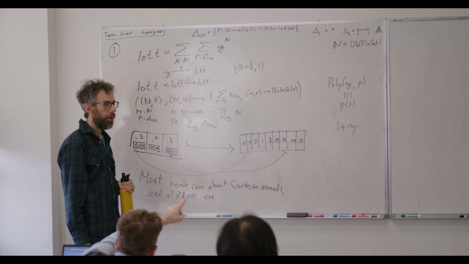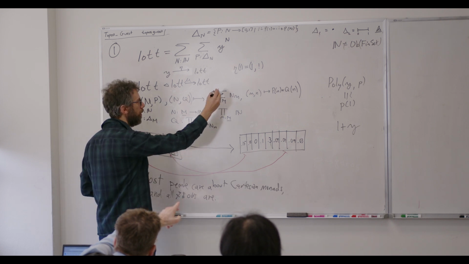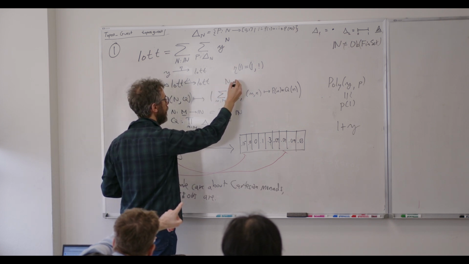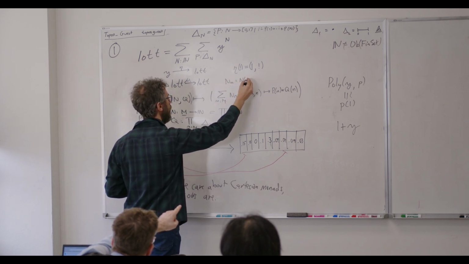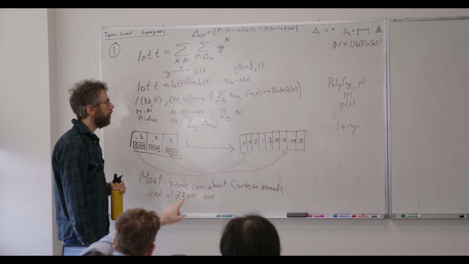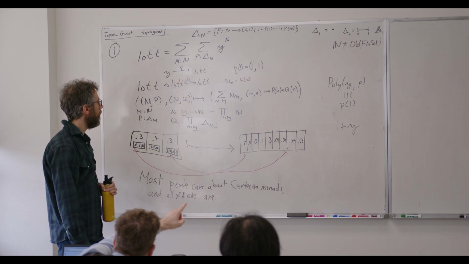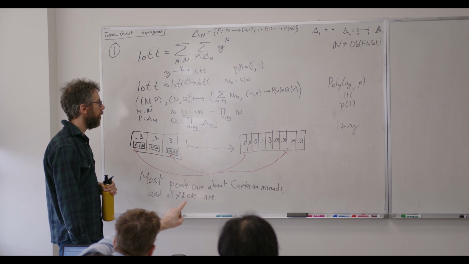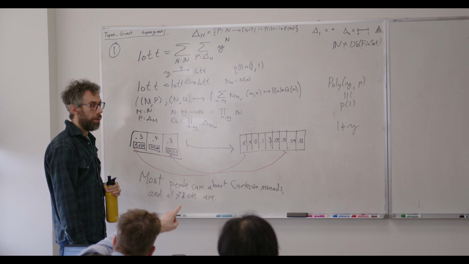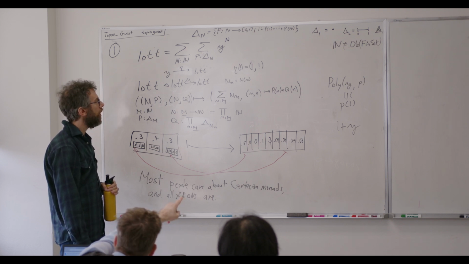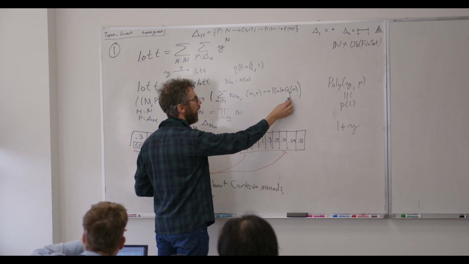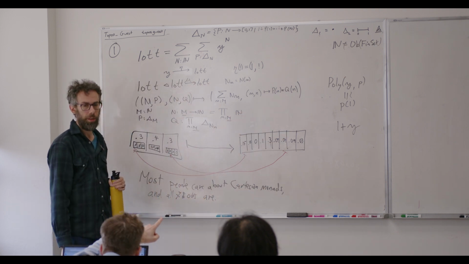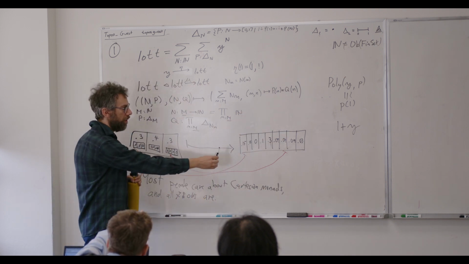And now you're applying on the right there, mn maps to p of m times q of n. Where the times is multiplying numbers between 0 and 1, and I'm multiplying those numbers.